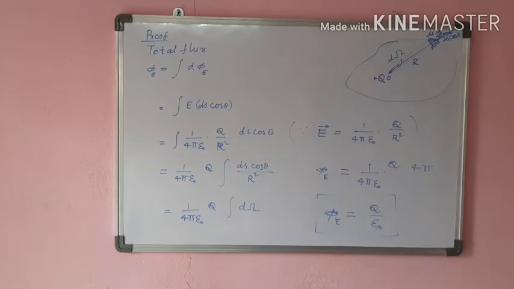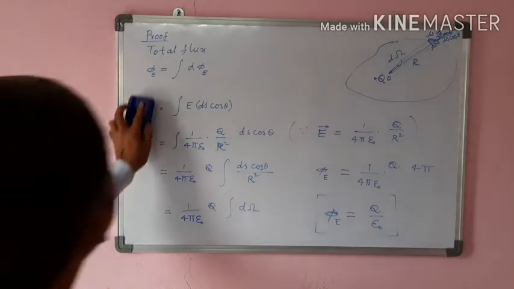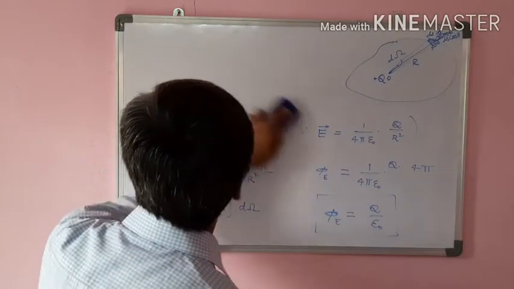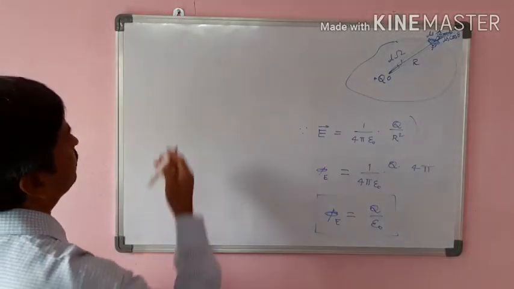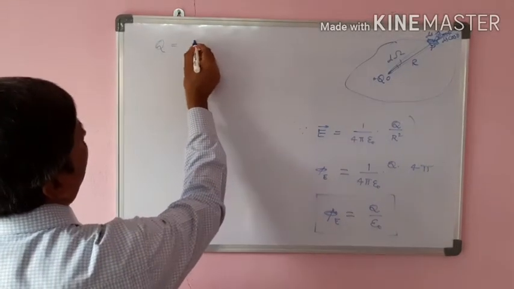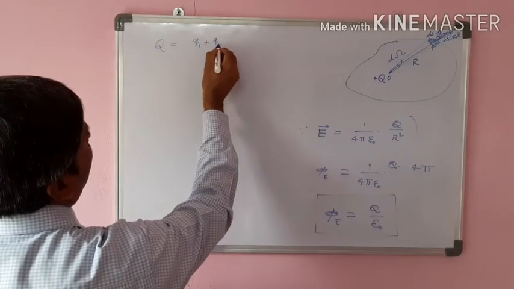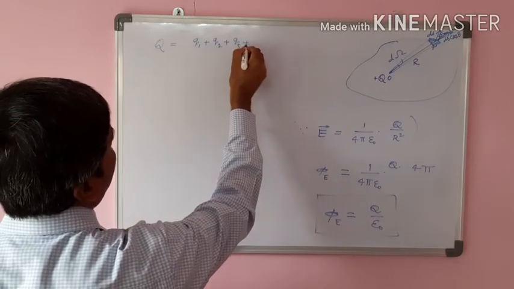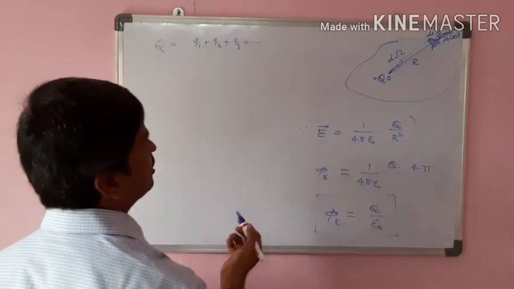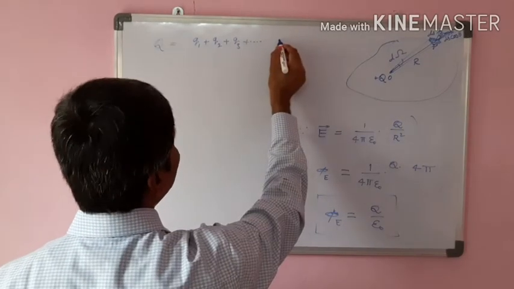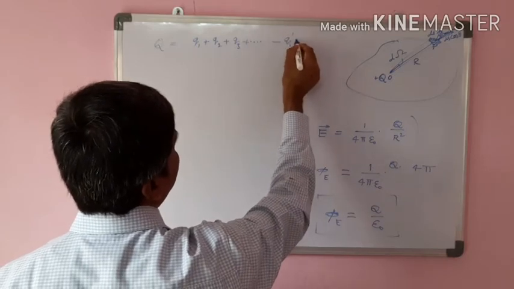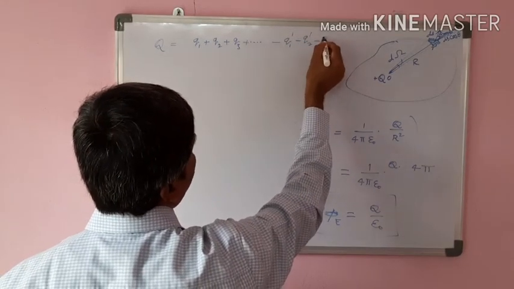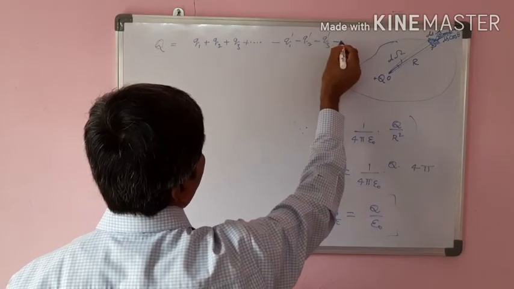Now if there are n number of charges inside, let us say q is equal to q1, q2, q3 and so on, plus charges, and there may be minus charges, minus q1 dash, q2 dash, q3 dash and so on.